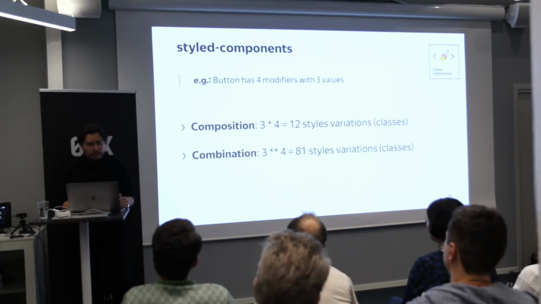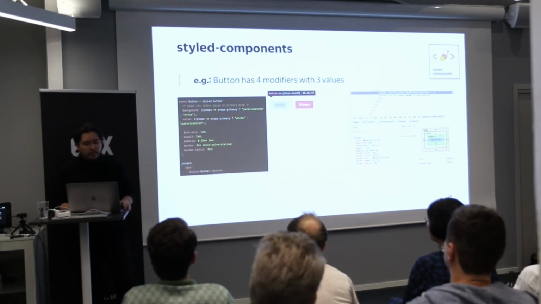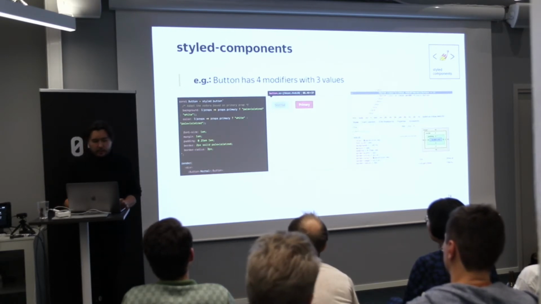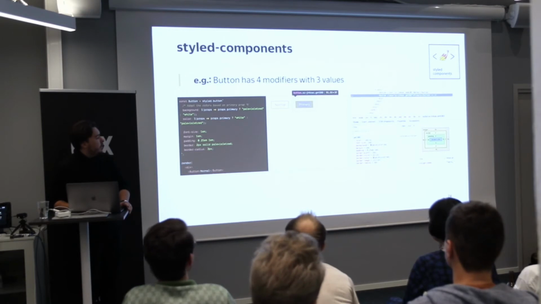What I mean is, for example, if you take a look at the official website of styled-components, we have 2 buttons, normal and primary. They have almost the same styles, but they have different colors. But if you take a look at the classes, we can see that they are completely the same.